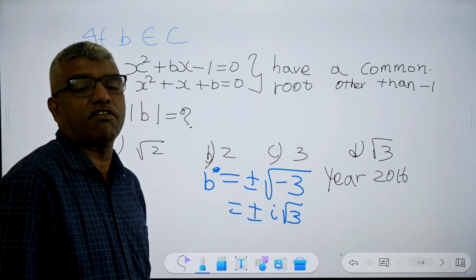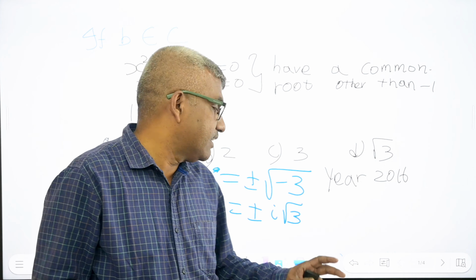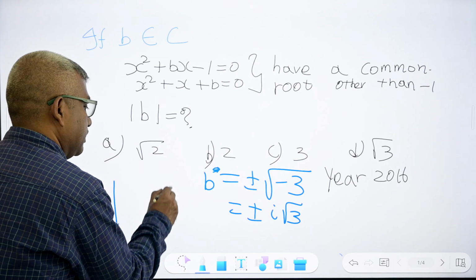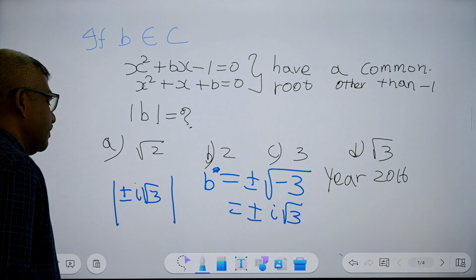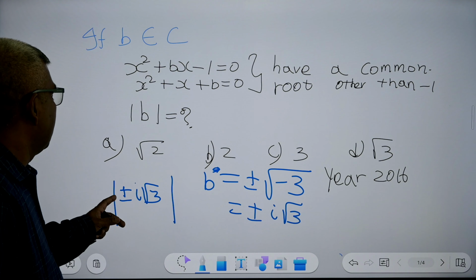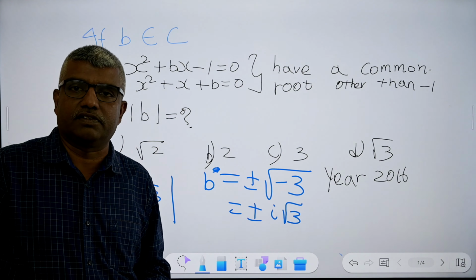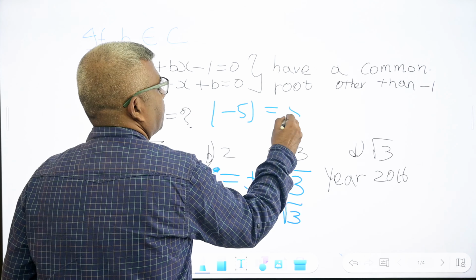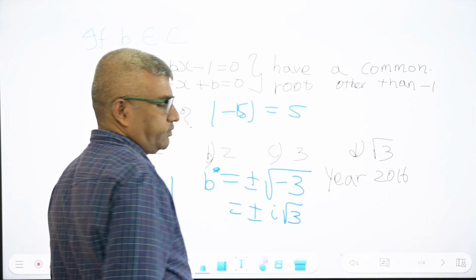What is the modulus of b? In modulus, mostly we cancel the minus sign, and only the plus sign remains. So plus or minus i root 3. Not only the minus sign, the i sign also will be removed in the modulus. If it is minus 5, it is 5 only, and minus i5 also is 5 only.